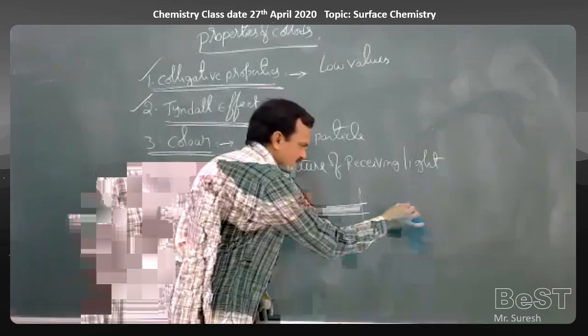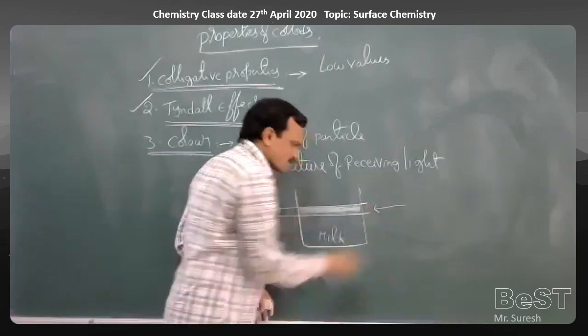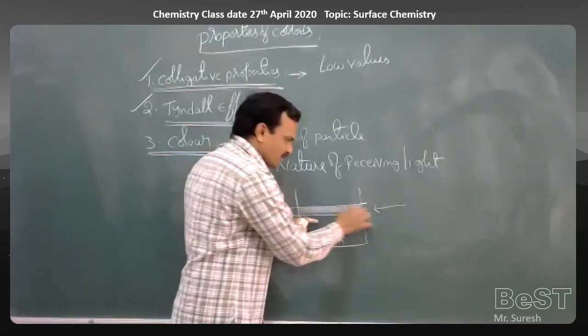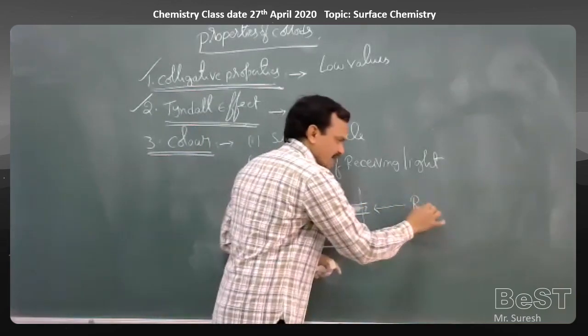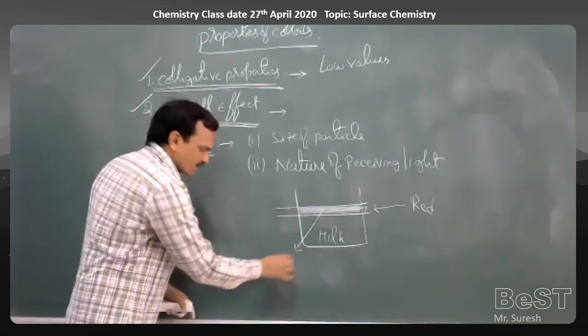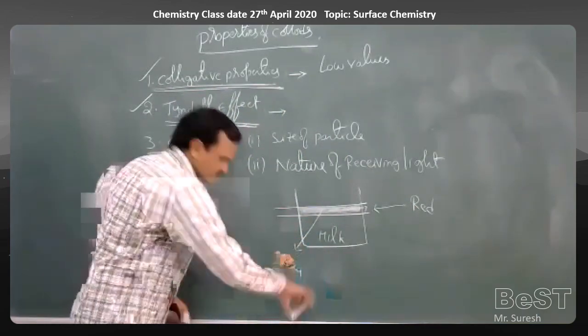Suppose you are receiving the transmitted light. If you receive the transmitted light, then it appears as red color. Suppose you receive the reflected light, it appears as blue color.